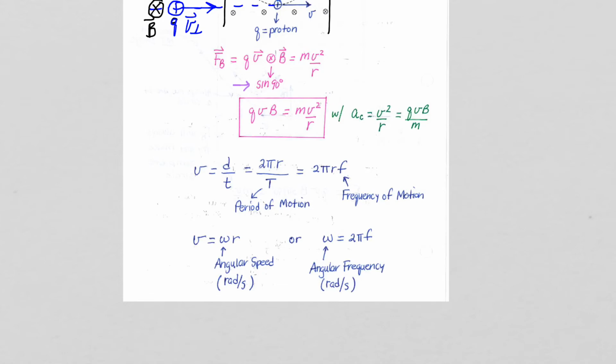So if speed equals distance over time, the distance traveled around the circle is 2 pi r. Period of motion is the time to go around the circle once, capital T. Remember the relationship between period of motion and frequency is that they are reciprocals. So period of motion is in seconds. Frequency of motion is 1 on seconds, which equals 1 hertz.